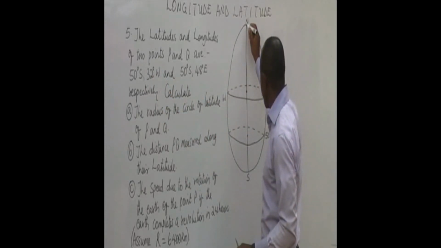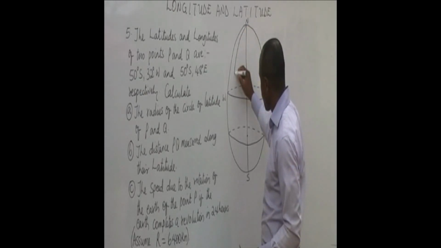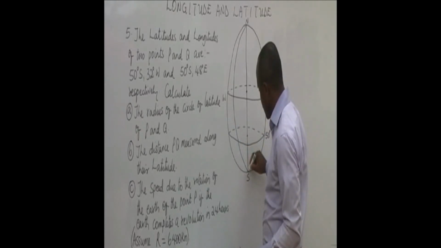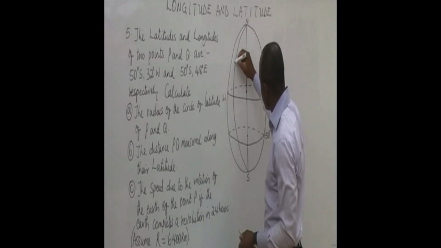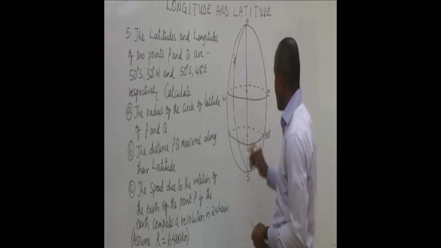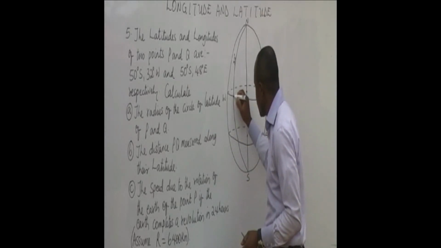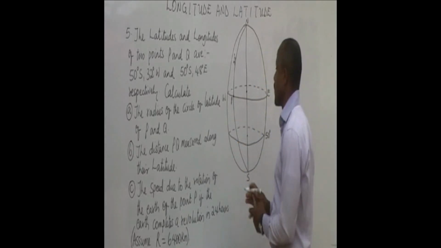Draw a line of longitude to represent 32 degrees west, and name it 32 degrees, on the west. So the first point, which is P, should be here.